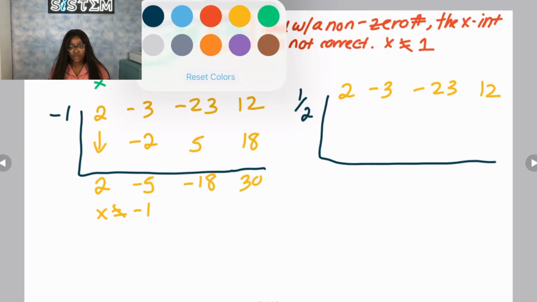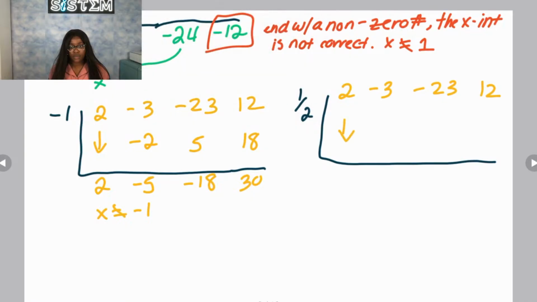Okay, so we bring that 2 down. 2 times 1/2 is going to be 1. -3 plus 1 is -2. -2 times 1/2 is going to be -1. And then -23 plus -1 is -24. And then -24 times 1/2, it's a positive 1/2, don't forget.